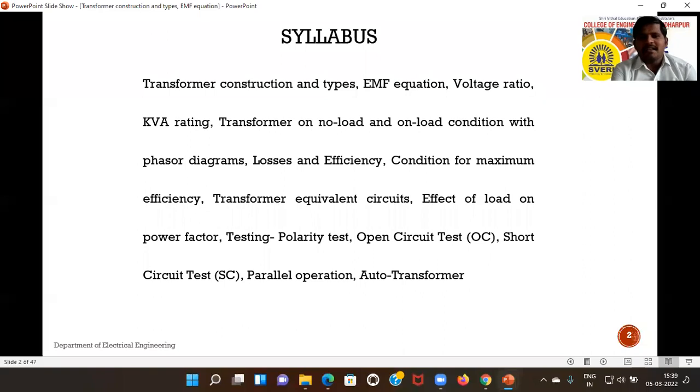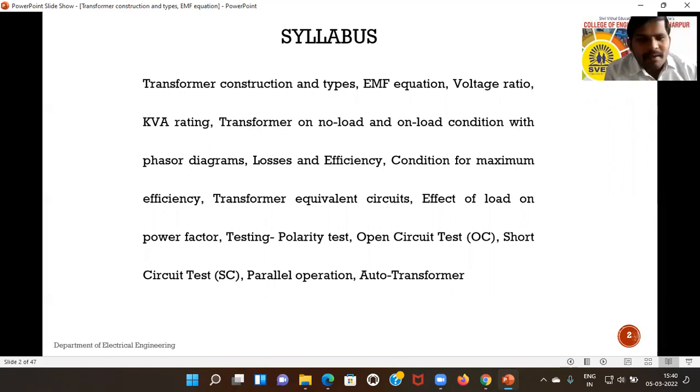After that, the unit content includes the voltage ratio, then kVA rating, then transformer on no load condition and transformer on load condition.